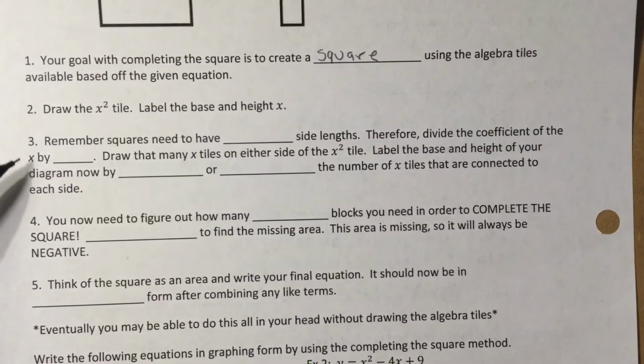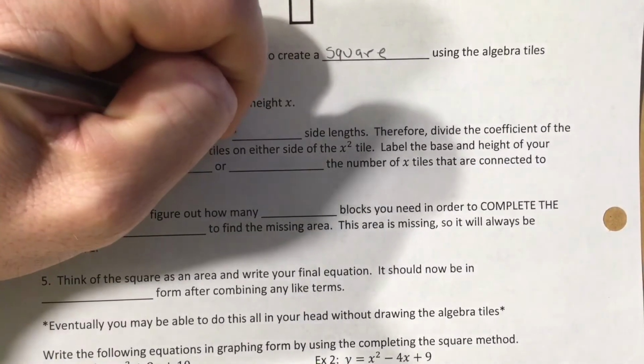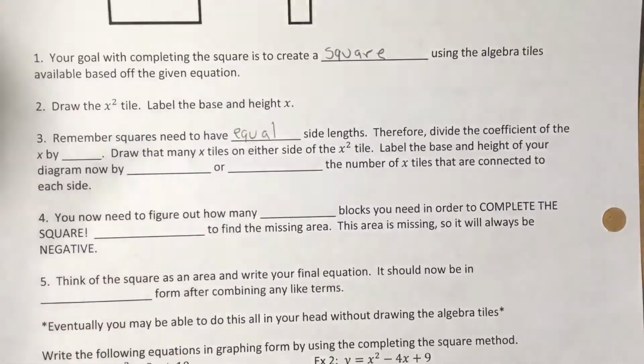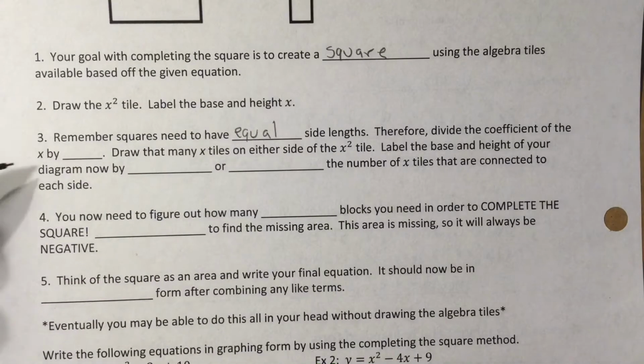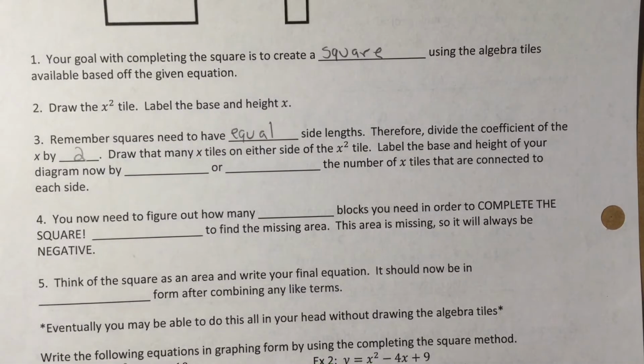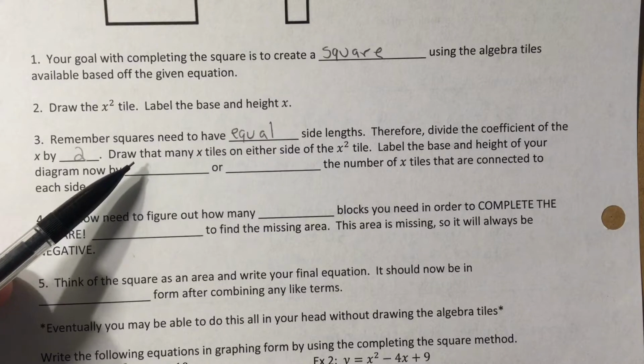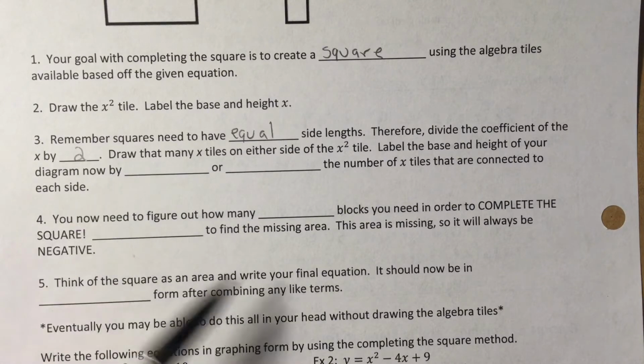Step 3, remember, squares need to have equal side lengths. Therefore, divide the coefficient of the x by 2. Draw that many x tiles on either side of the x squared tile.